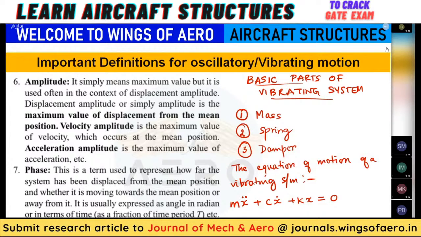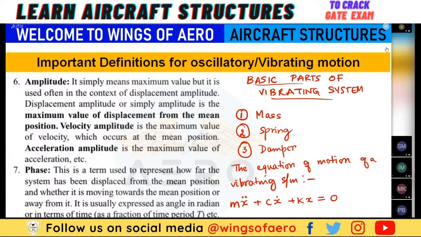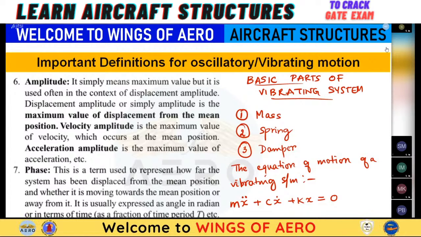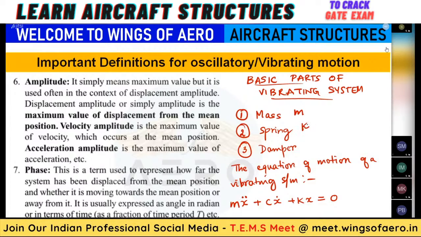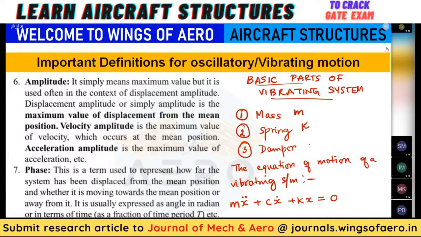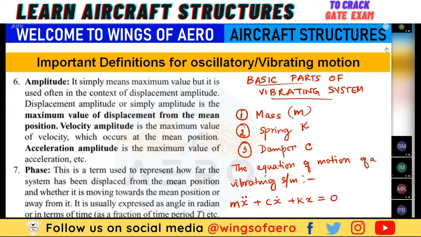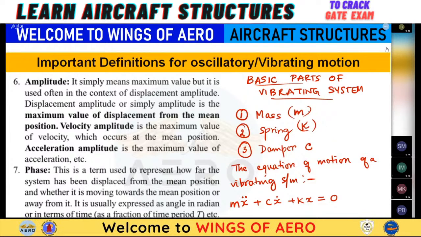Forced means some external load acts on a body or system, which leads to forced vibration. Now m defines the mass, k defines the spring stiffness, and c defines the damper. You have to remember these notations.